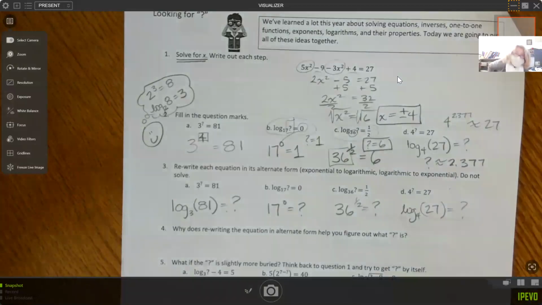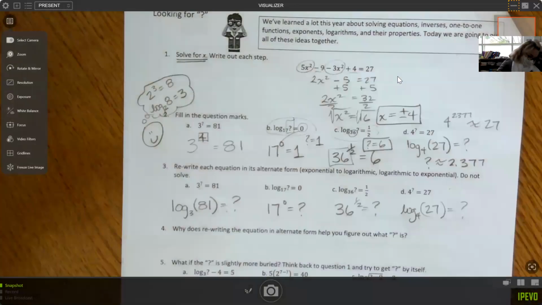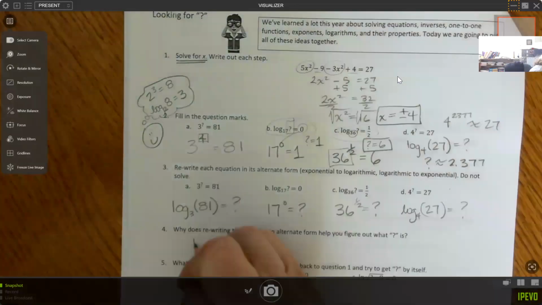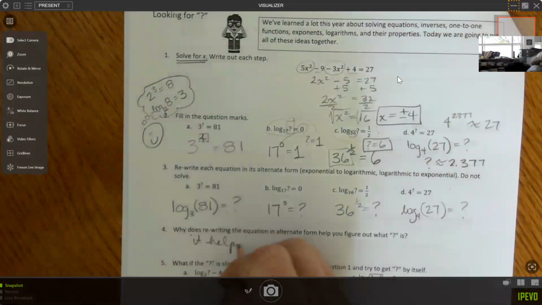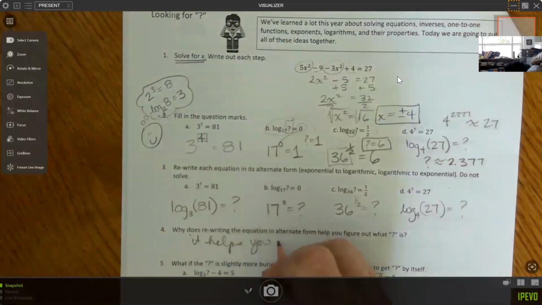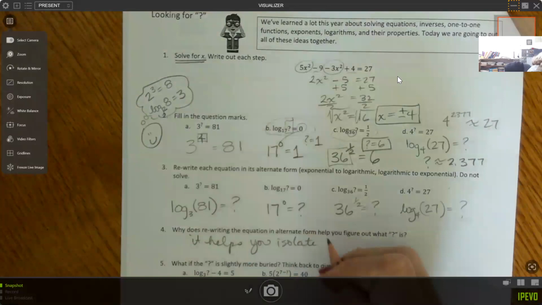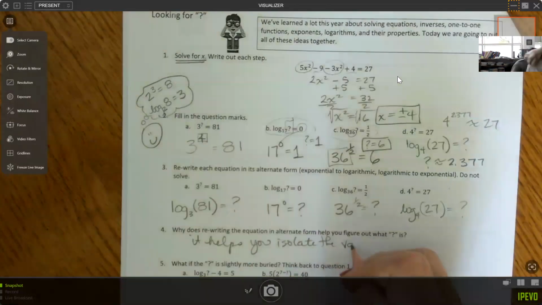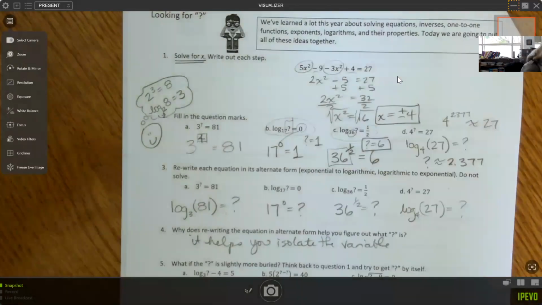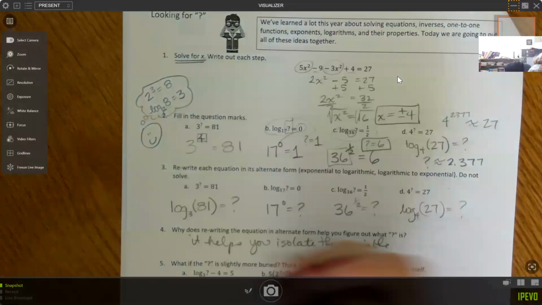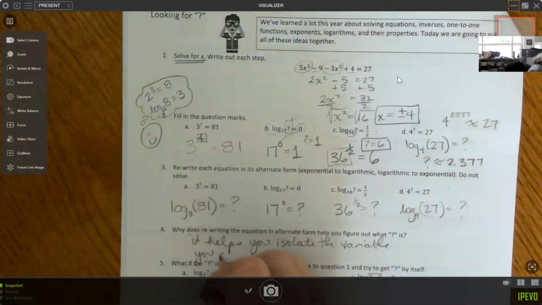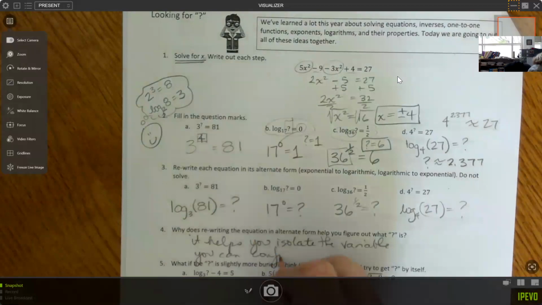Okay. So it says, why does rewriting the equation in alternate form help you figure out what the question mark is? I would say because it helps you isolate the variable, right? And then also it helps because you can confirm your answer makes sense.